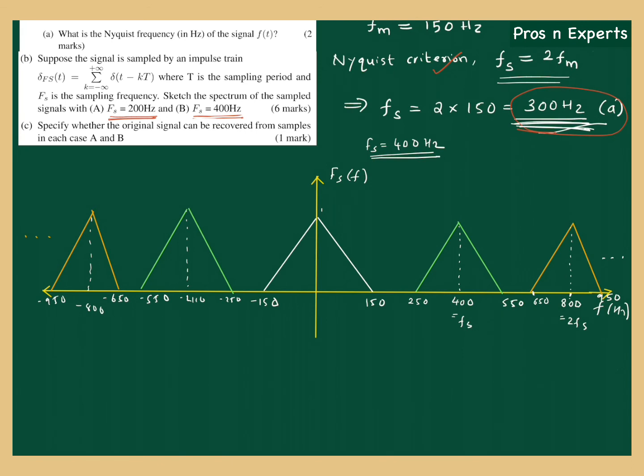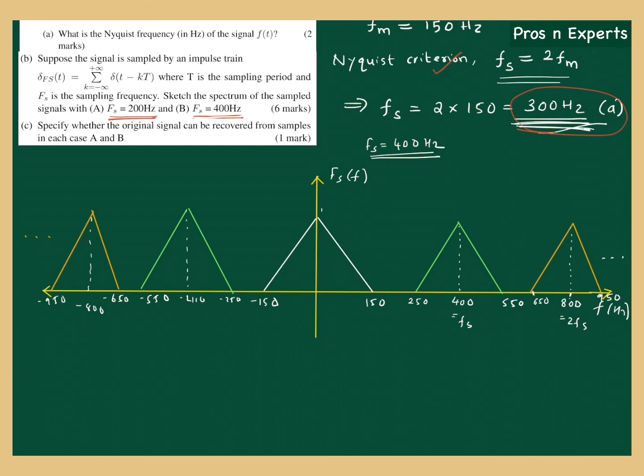Now you can see very clearly, if you are going to filter it or reconstruct the original signal, the original message signal contains only this frequency spectrum, nothing other. These are not for the original signal. So we have to recover only this frequency component, that will be our message signal.